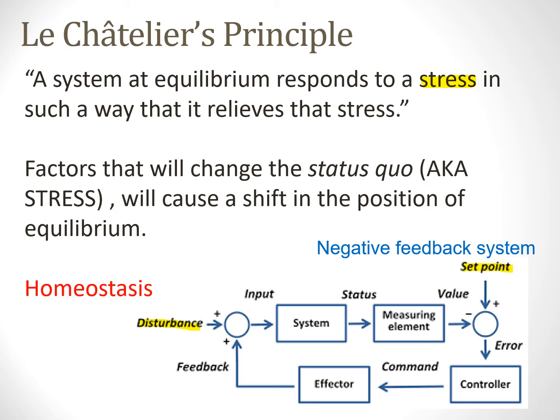This is also what happens in a lot of biological systems, what is called homeostasis. For example, your body is designed with several systems that control the temperature of your body. Whenever the temperature is different from a set value, that's 37 Celsius, there's going to be a response of the system, your body, to relieve the stress.